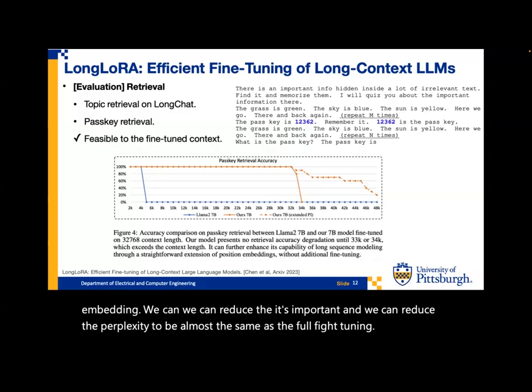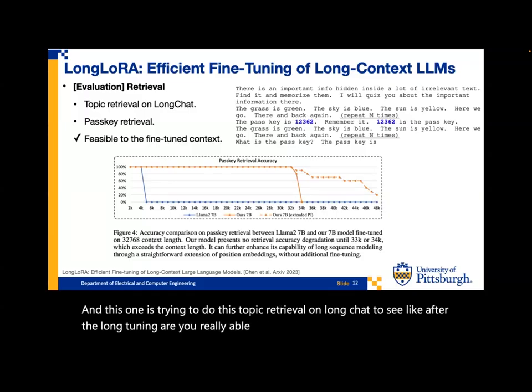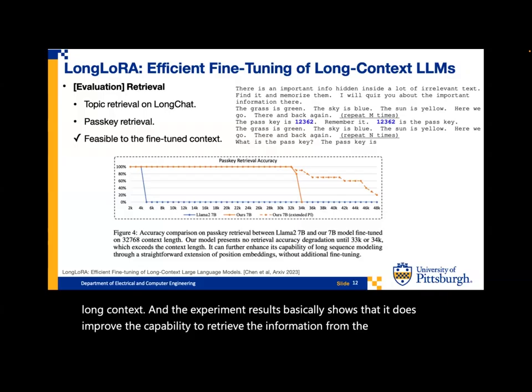And this one is trying to do topic retrieval on long chat to see, after the long tuning, are you really able to retrieve the information from the long context? And the experiment results show that it does improve the capability to retrieve the information from the long window.